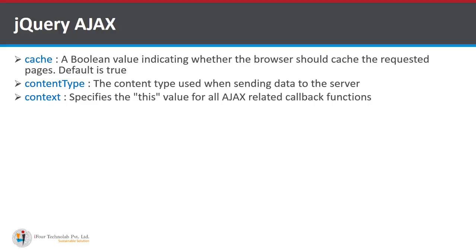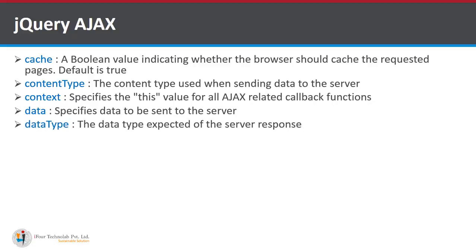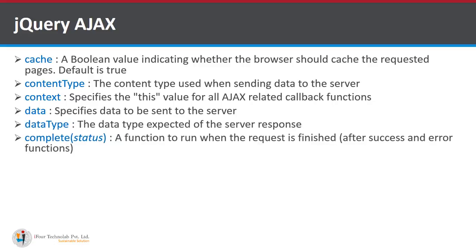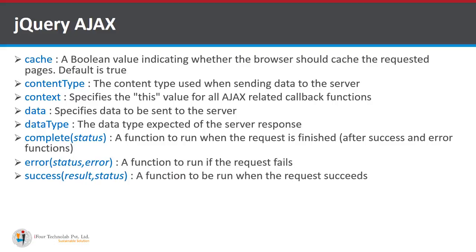Context specifies this value for all the AJAX related callback functions. Data specifies data to be sent to the server. Data type, the data type expected of the server response. Complete(xhr, status), a function to run when the request is finished, that is after success and error functions. Error(xhr, status, error), a function to run if the request fails.